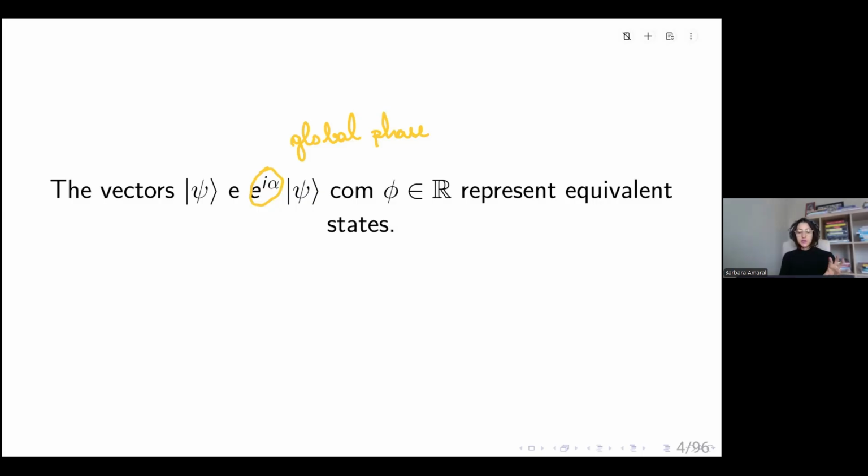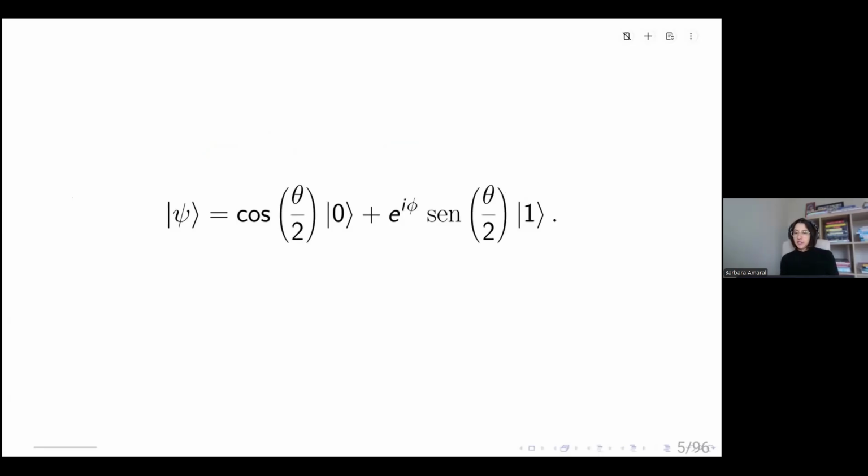And what we do is, inside this infinite class of vectors that represent the same state, we choose only one representative. And with this, we made this calculation in last class. We arrived at this condition here.